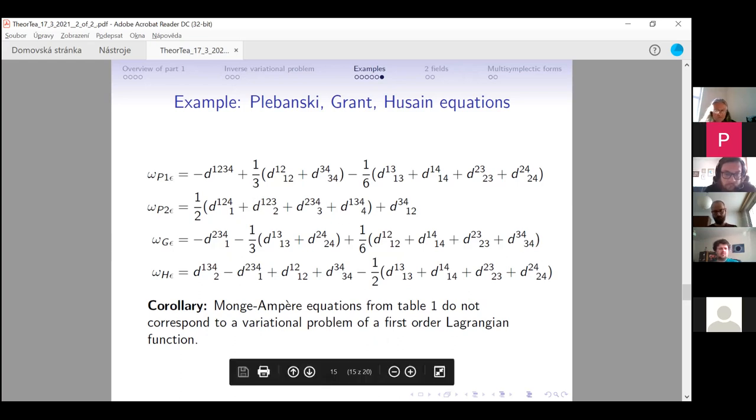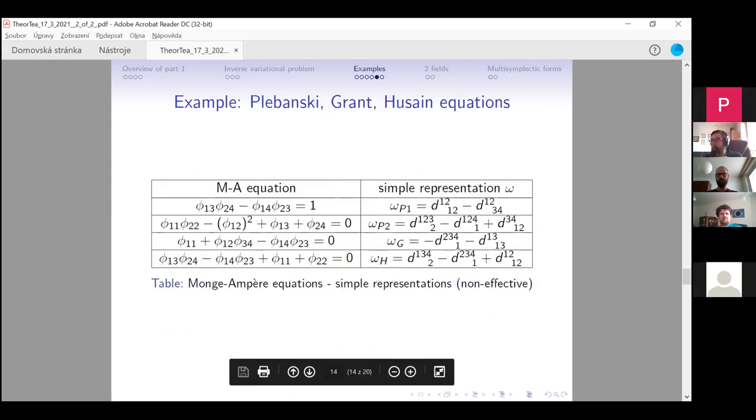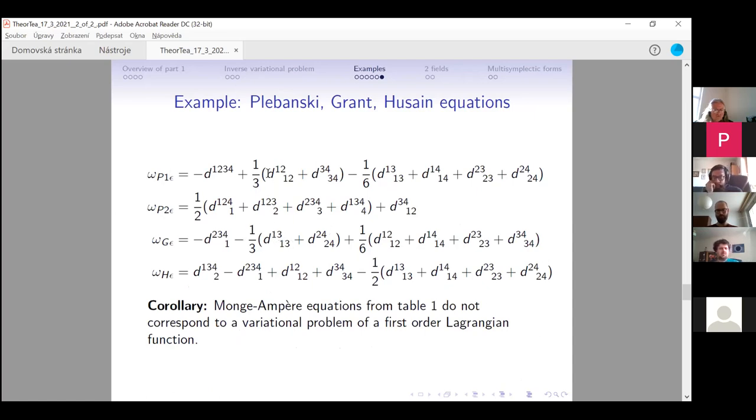And as we have seen in the case of second Plebanski here, this DQ3, DQ4, DP1, DP2 was an obstruction term in order for the equation itself to have Lagrangian, such that the equation is the Euler-Lagrange equation of the Lagrangian. And in the rest of the cases, it'll always be so, but there'll be much more terms. You see all these D1 2 upper, D1 2 lower, and similar terms.